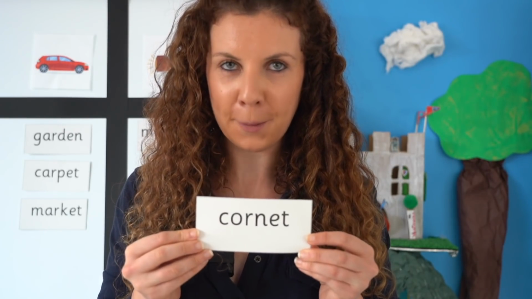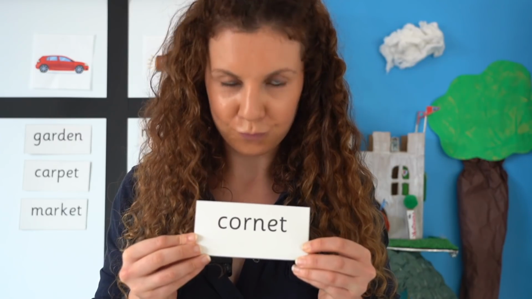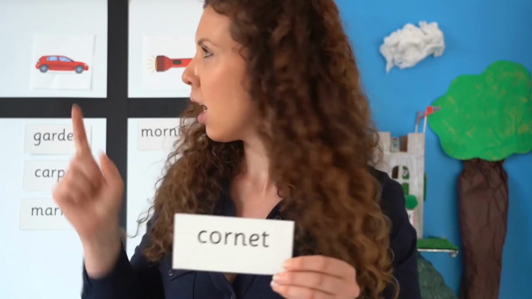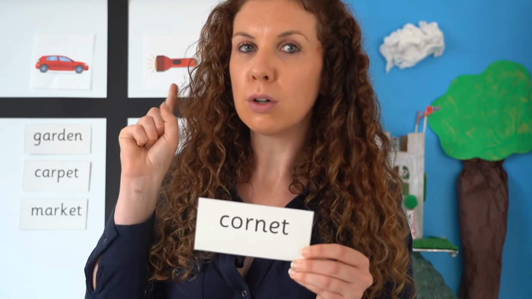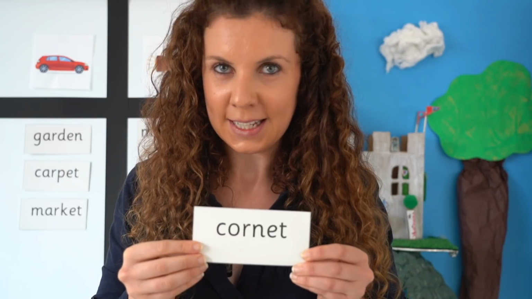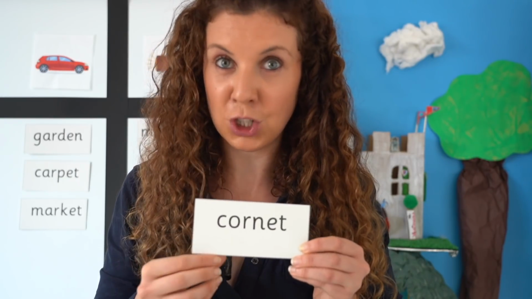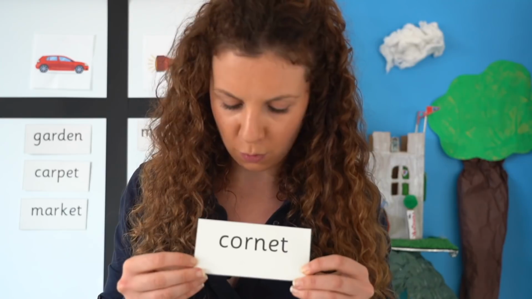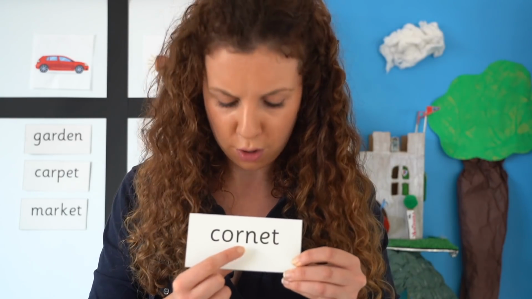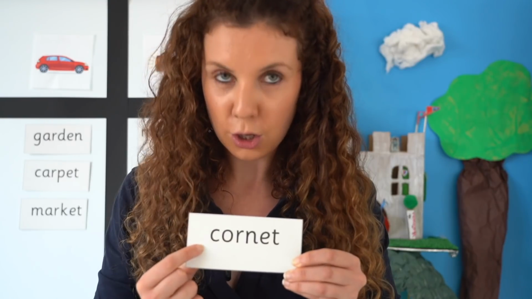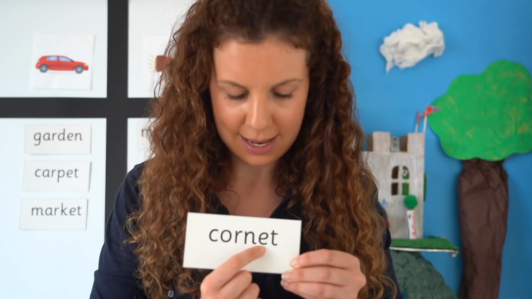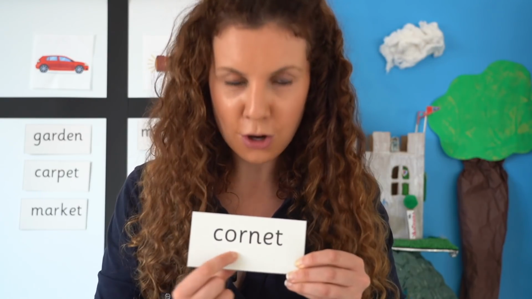Read the word. What do you think? Does it have the sound R or OR? Let's read it together. We'll chunk it up. It's another long word. K, or, corn, et, cornet.